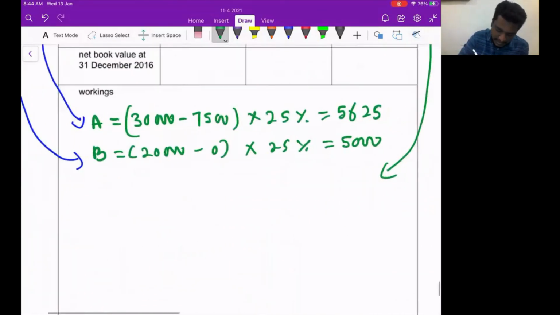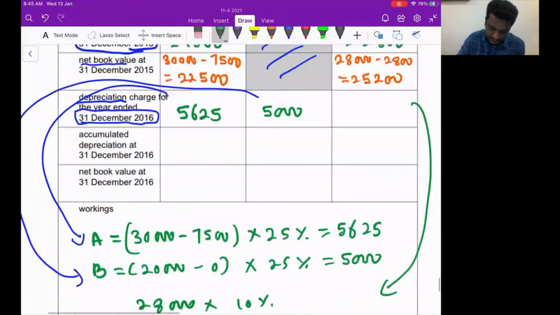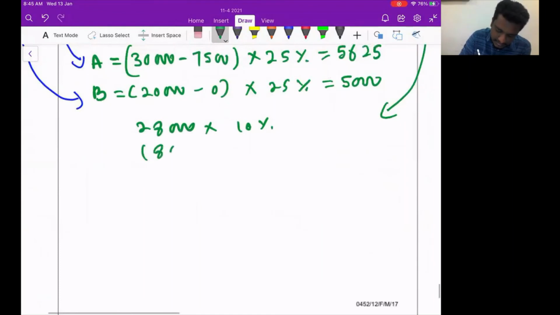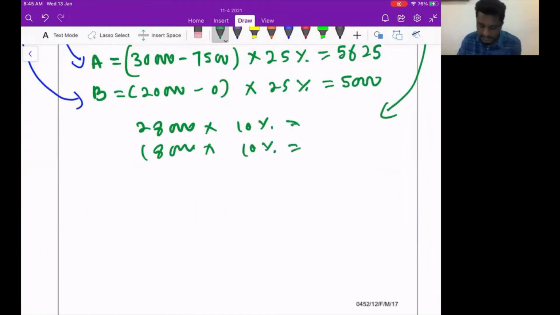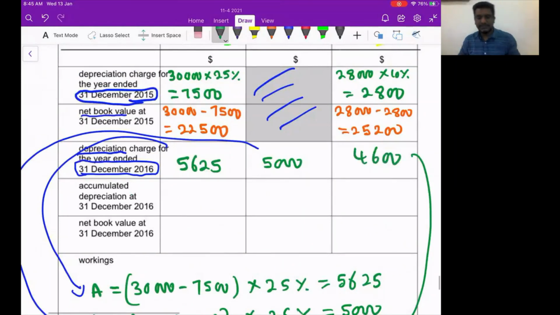First one, 28,000 times 10%, and then 18,000 times 10%. You add the answers together: 2,800 plus 1,800, I get 4,600. That's my depreciation for this.